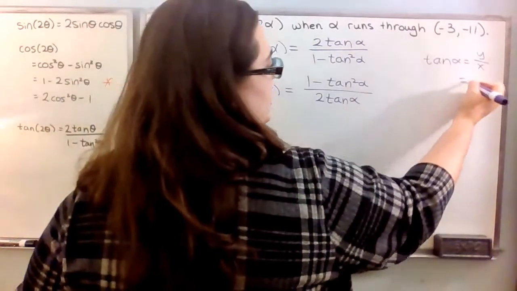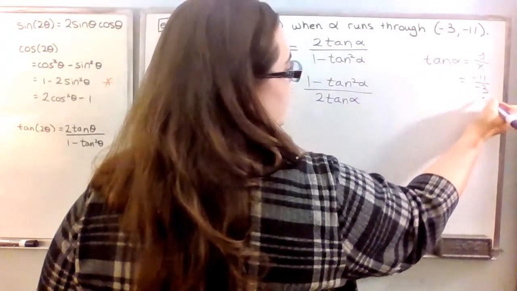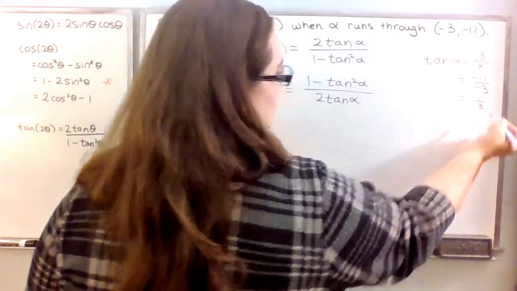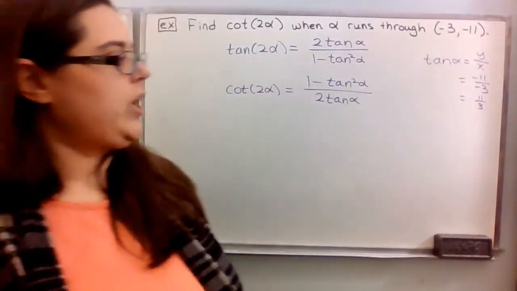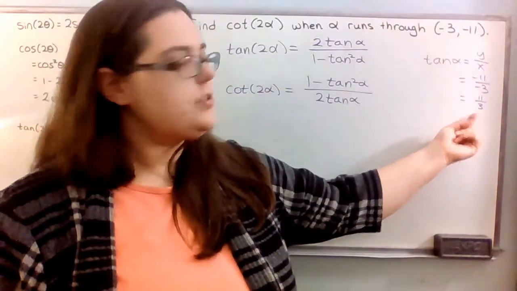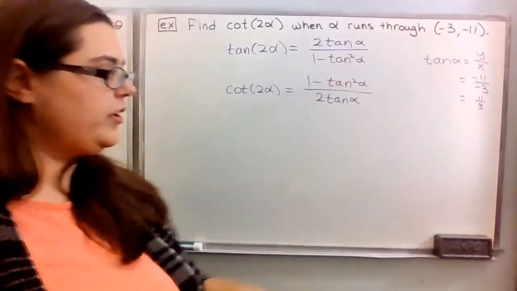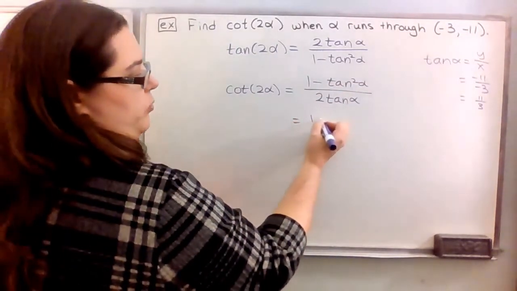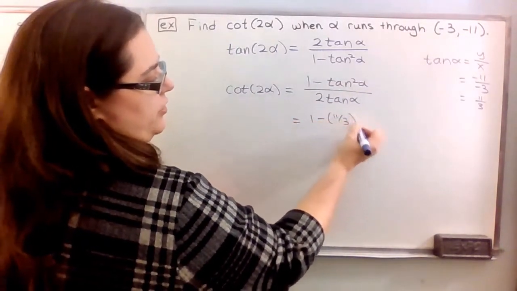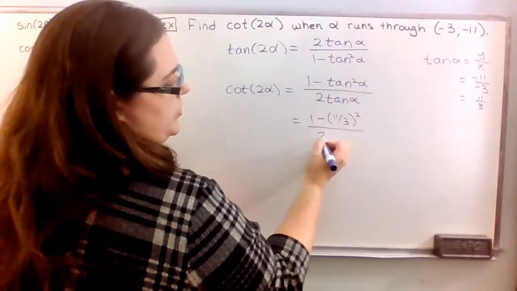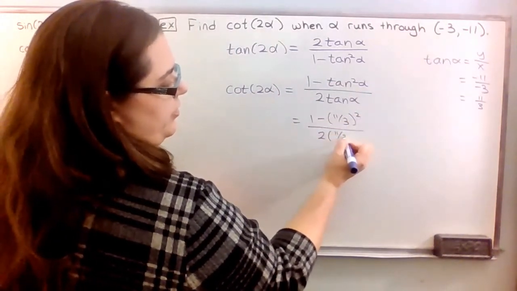So we're going to get negative 11 over negative 3, or just 11/3. So now we can substitute 11/3 in for tangent of alpha. So we're going to get 1 minus 11/3 squared over 2 times 11/3.